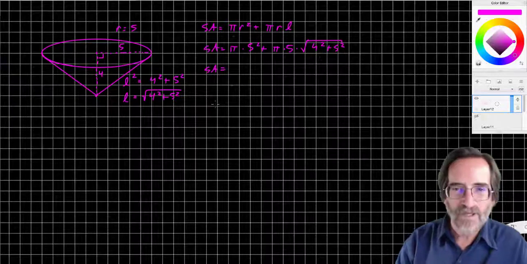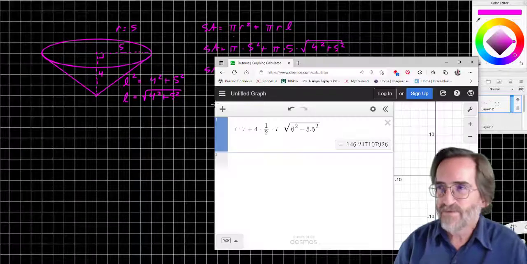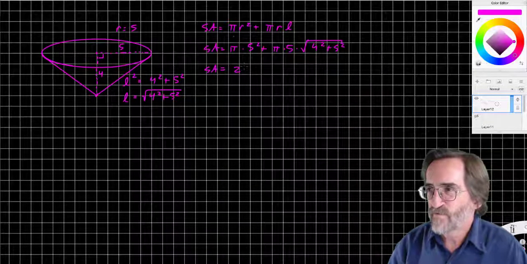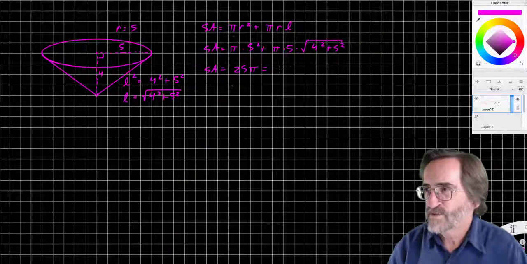And once again we can plug that in. Sometimes you're asked to leave it in terms of pi. If that's the case, then we leave it like this. 5 squared is 25. 4 squared is 16. 5 squared is 25. 16 plus 25 is 41.